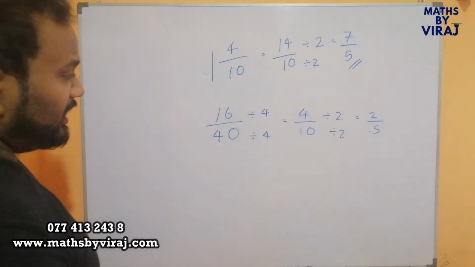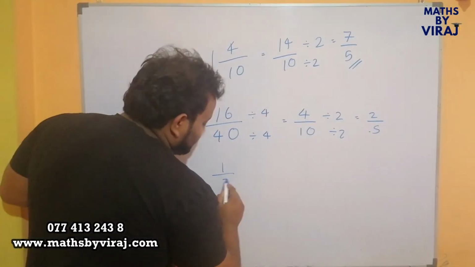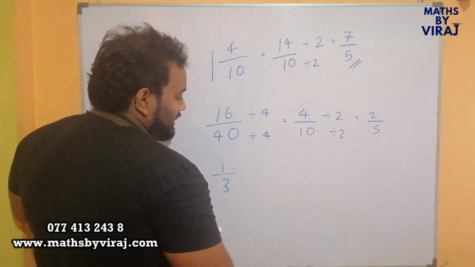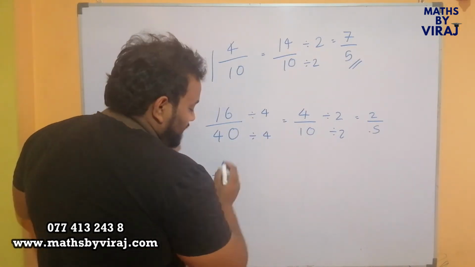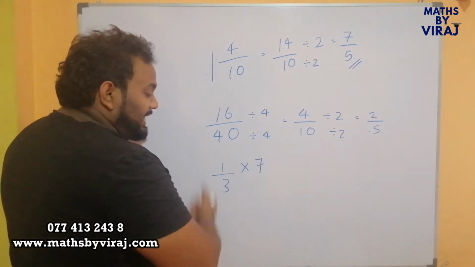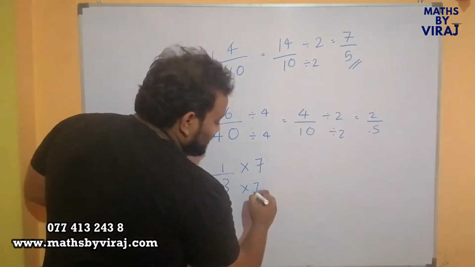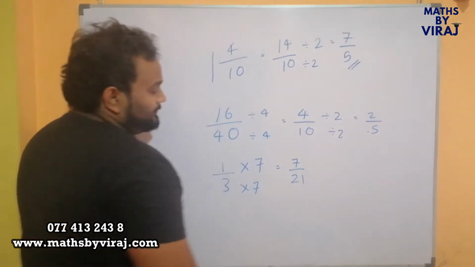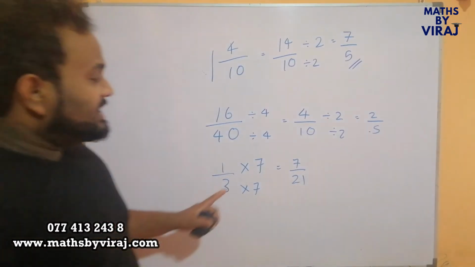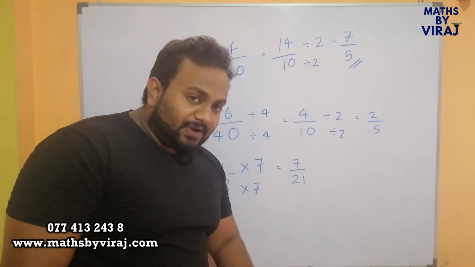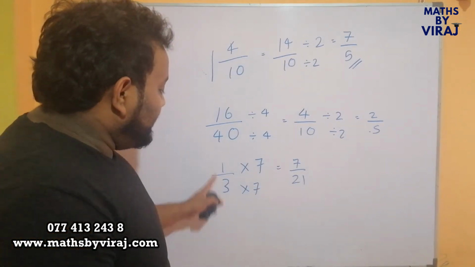If I further move on, if I have 1 over 3 and want to write a similar fraction for it, I can just multiply this by a random number, 7. If I multiply the numerator by 7, you have to multiply the denominator also by 7, which gives 7 over 21. Understand that when you simplify 7 over 21, you will always get 1 over 3 again.